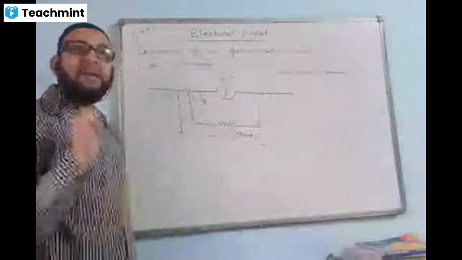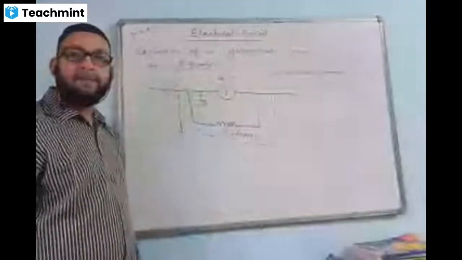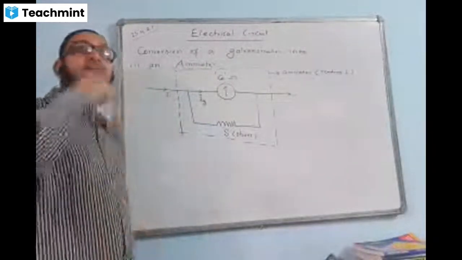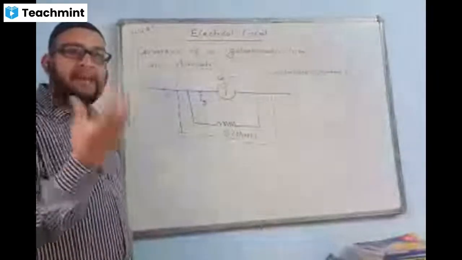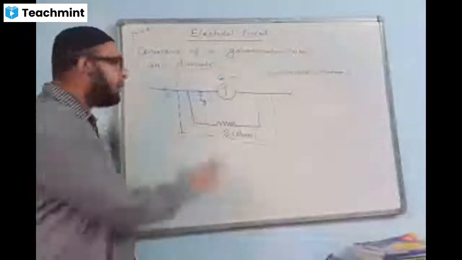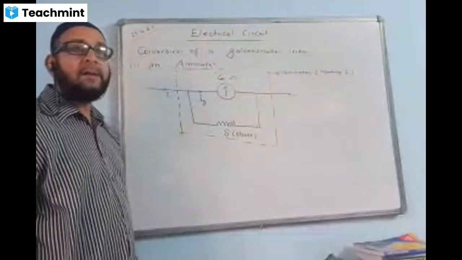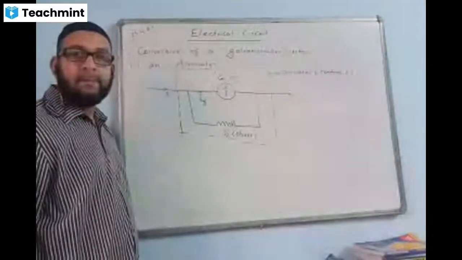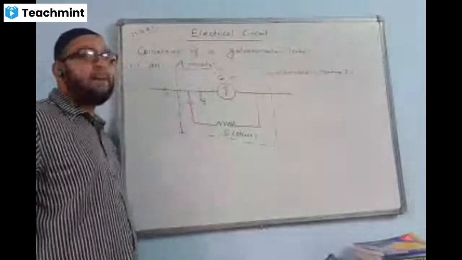So by using a shunt, a galvanometer changes into an ammeter. What is a shunt? A shunt is a very low resistance wire or resistor. And how is it connected? It is always connected in parallel with the galvanometer.